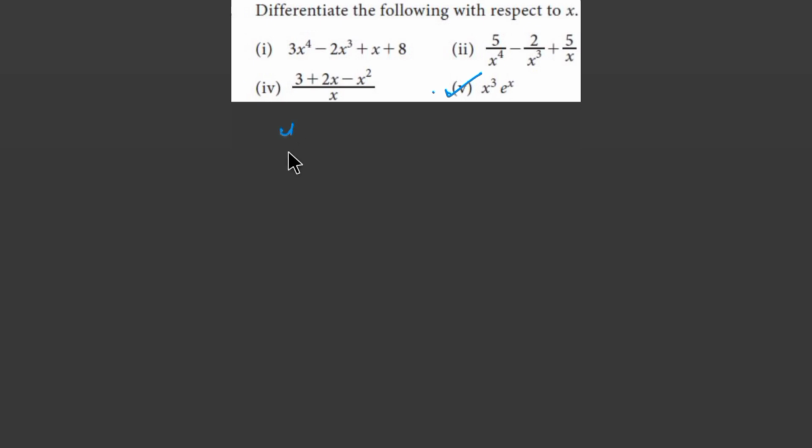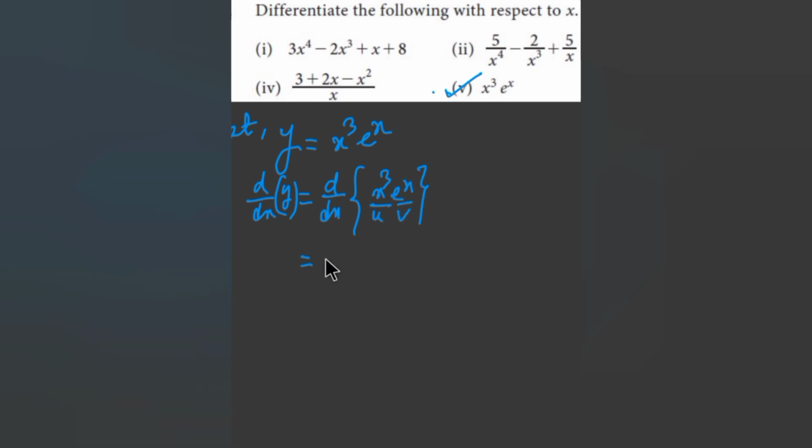So we can rename this function, let y equal to x cube e to the power x. So we can write dy dx equal to d dx of the y function, x cube e to the power x, so it will be considered u and v, so we know the uv rule.